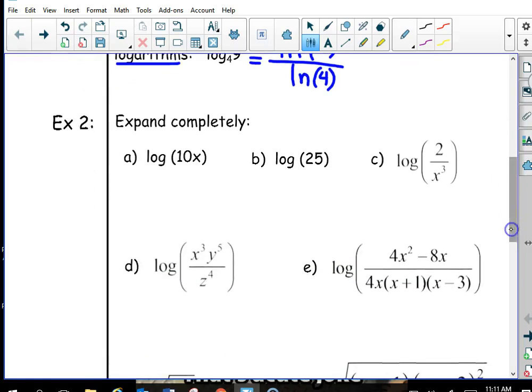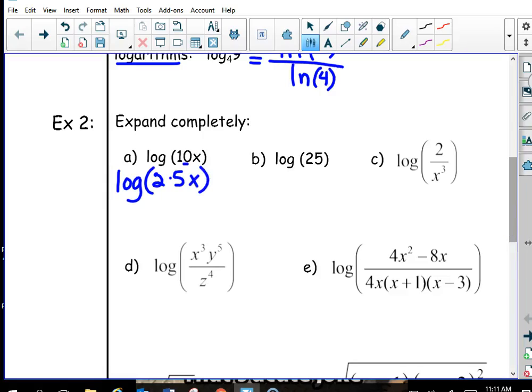Okay, we're going to practice using the compression and expansion rules, the division and the multiplication for addition and subtraction. And look, on these, they want you to even factor the numbers. So let's think of this as log of 2 times 5 times x.